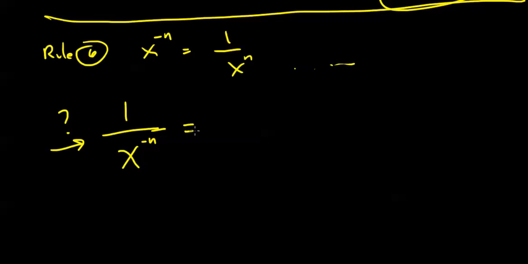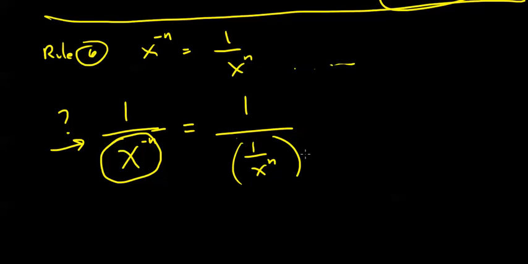Well, let me show you how. x to the minus n power in the denominator, that's by definition 1 over x to the nth power, right? As you probably know, when we divide a numerator expression by a fraction, we invert and multiply. Some people say keep, change, flip.